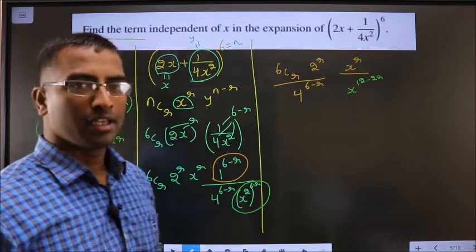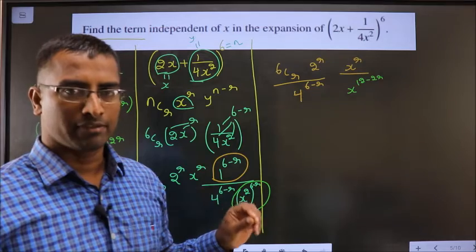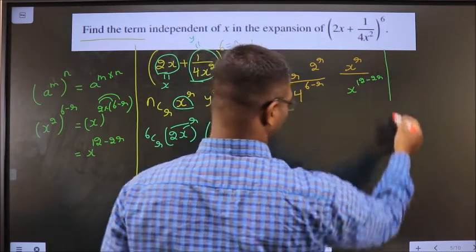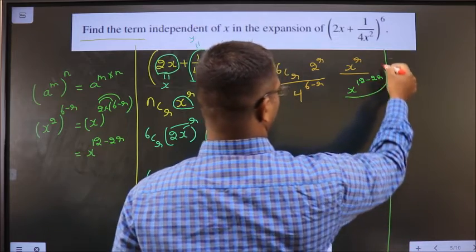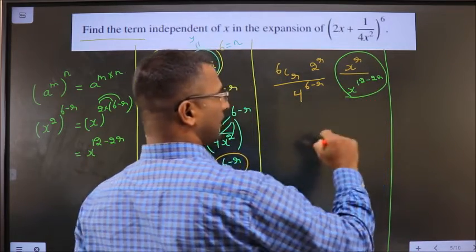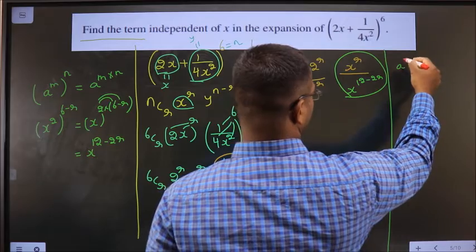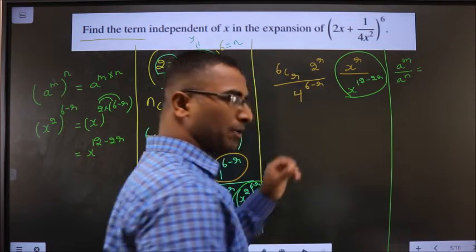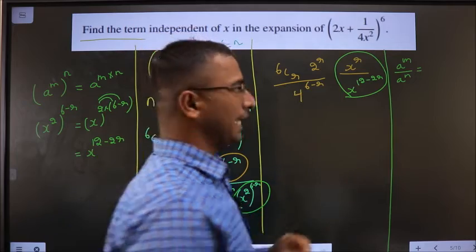Next, any chance of simplifying further? Yes. And how do you simplify that? See here, what formula can you apply here? It's a power m by a power n. A power m by a power n is a power m minus n.